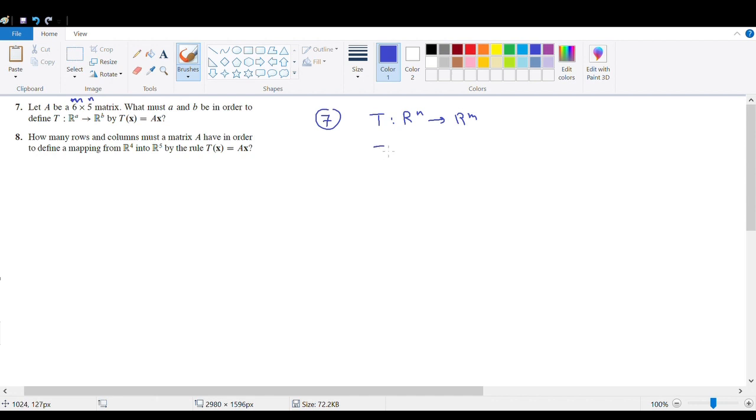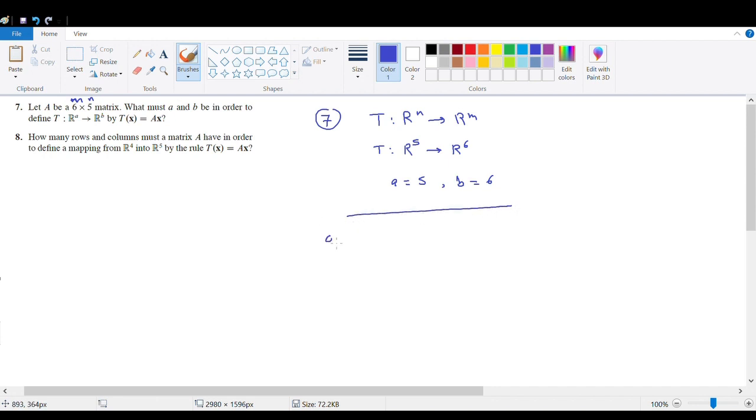So the transformation T should be from R5 to R6. So a will be equal to 5 and b will be equal to 6.